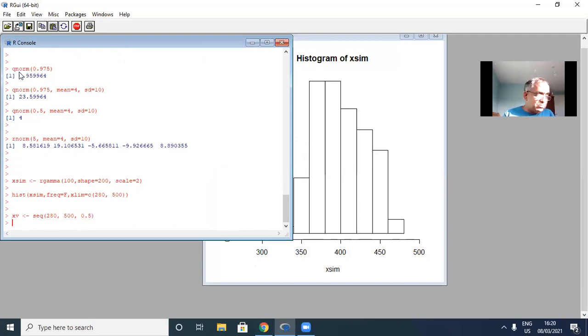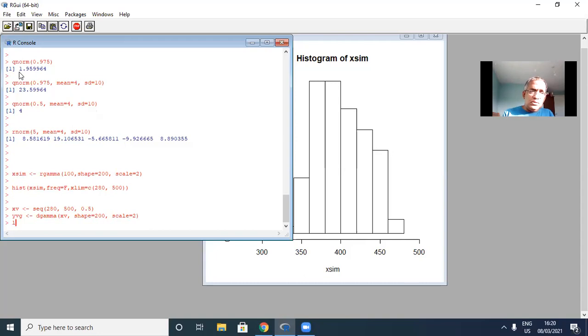It doesn't need to be 0.5, it could be 0.1. Then you compute the density of the gamma at xv with shape equal to 200 and scale equal to 2.